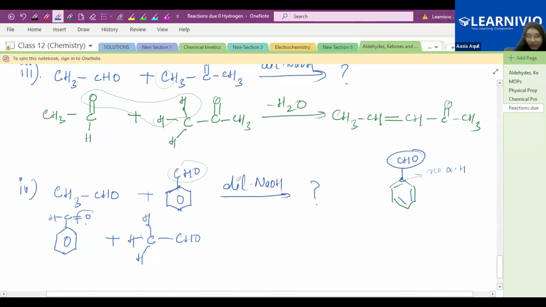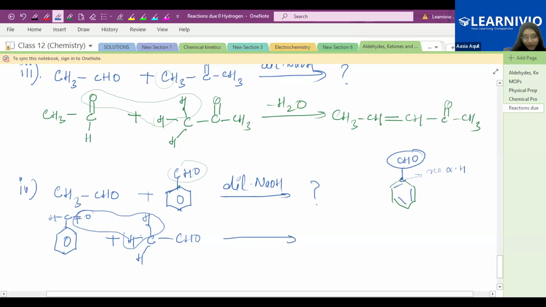And if you are removing oxygen from this, the other thing you can do is remove two alpha hydrogens from the other compound. So for this type of question, we will do that.